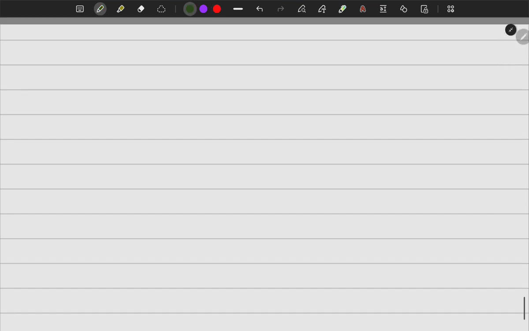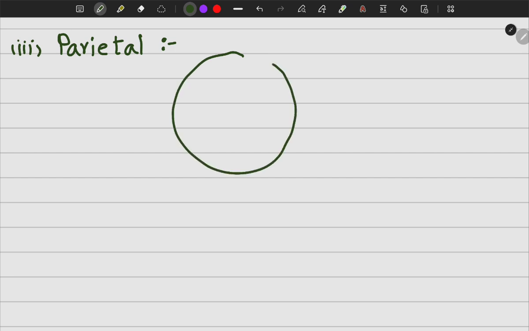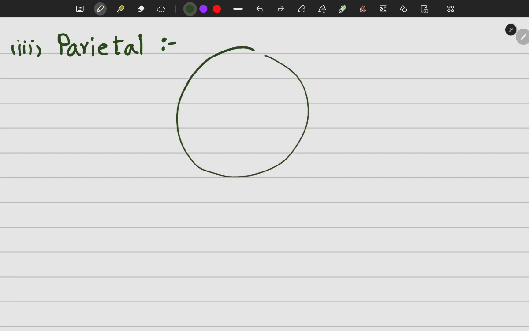Let us move on to the next type, which is parietal placentation. Now what happens in the parietal placentation is the ovary usually has two walls, outer and inner.